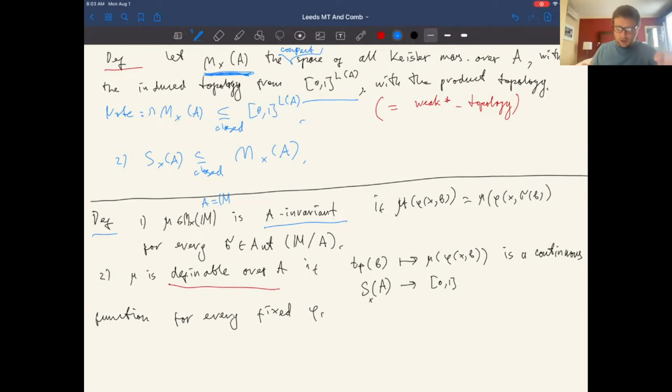Okay. Now note that this definition of definable measure makes sense.